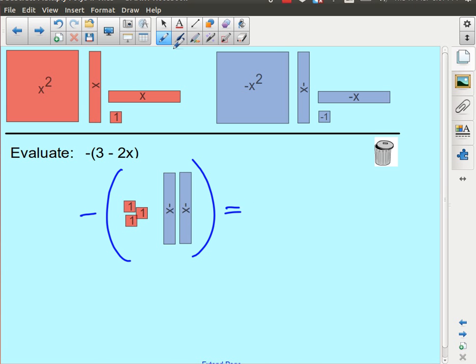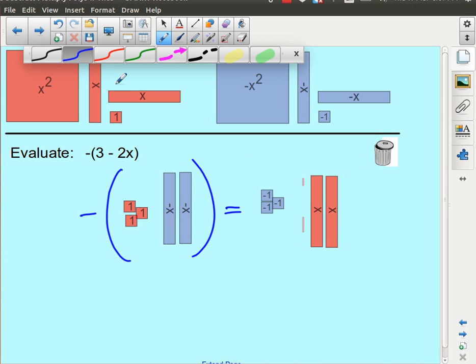So the way I would do that is the 3 positive 1's would become 3 negative 1's, and the 2 negative x's would become positive x's. So the negative sign applied to this bracket becomes this, and now I write my final answer here.